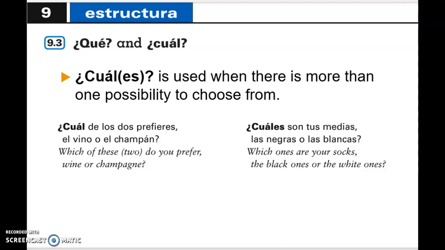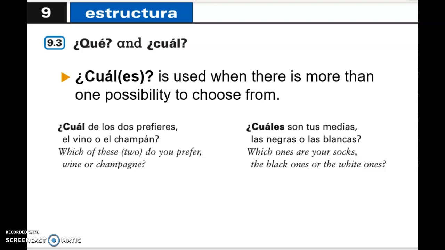¿Cuáles son tus medias, las negras o las blancas? Definitely some of those two are your socks, but I don't know if it's the black ones or the white ones. But I'm not thinking that you're going to say something like cat, or something like water, because that is not in the range of what I'm asking. So in this case, we're going to say cuál.